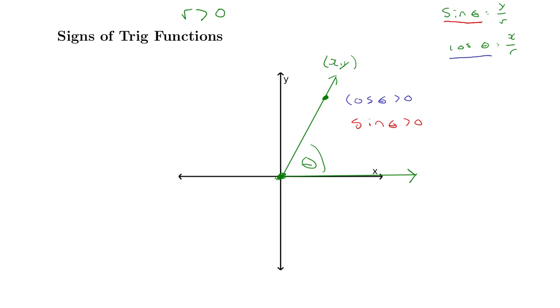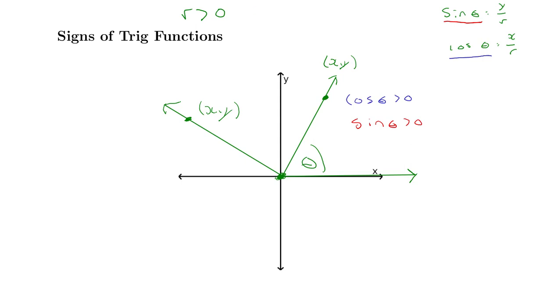Now that's going to change when we switch to a terminal side somewhere over in this quadrant, because now if we pick some point that we pass through, x comma y, our y value is still positive. We're above the x-axis, but now since we're on the left side of our Cartesian plane, the x value is negative.